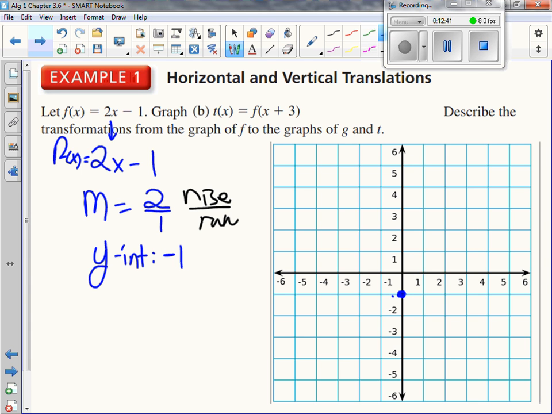We would go up 2 over 1, and we get our line because our slope tells us it's 2 over 1. So we rise 2 and over 1 because it's positive. We go up 2 and 1 to the right.